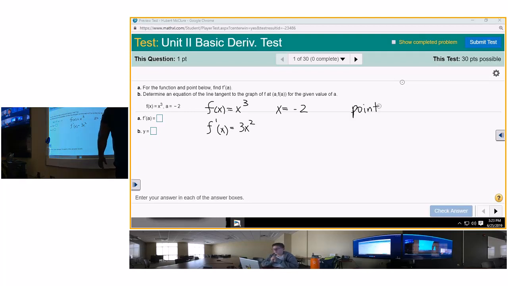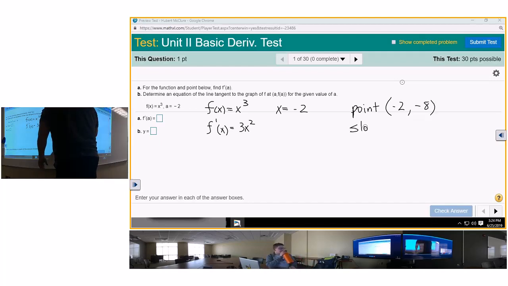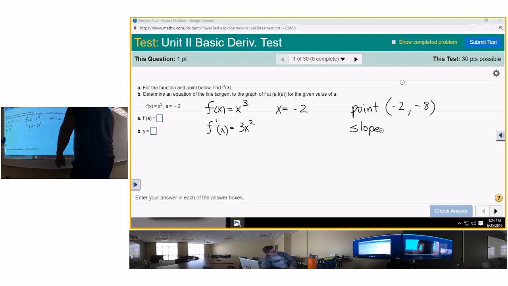So now that we've got the function, let's find our point. Our point is -2, comma, plug the -2 into x cubed, you get -8. And your slope at that point is what? What's -2 squared? 4. And what's 4 times 3? 12. Now you've got a point and a slope.